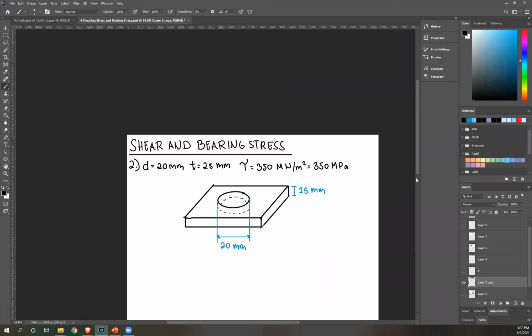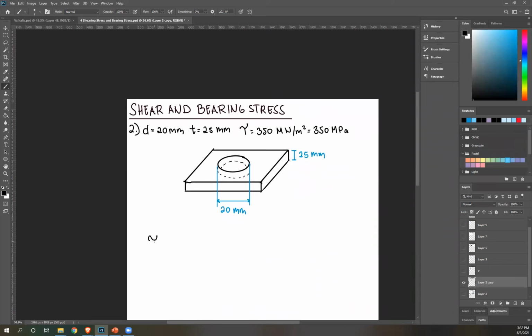So to solve for that, let's use the limitation. Once again, tau is equal to V over A. And this V will be the force that we need to create this hole. Typically, we're going to get a cylinder with the same dimension, then use that cylinder, pushing a force on this hole.